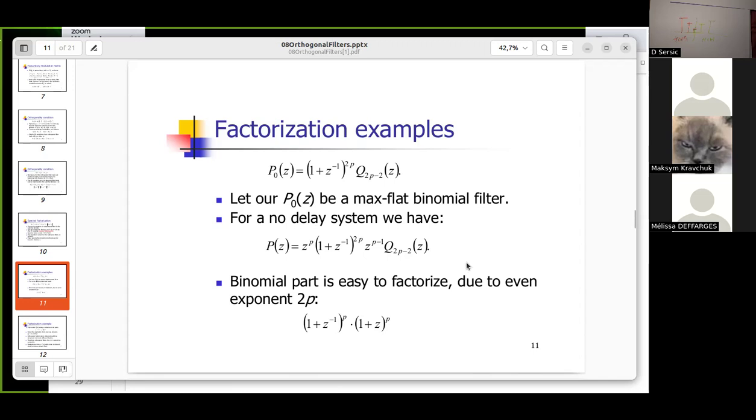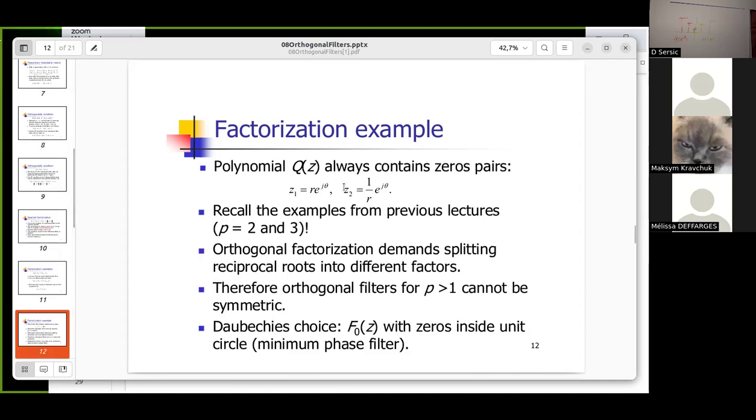What happens to the right-hand side? Our polynomial always contains reciprocal modulus roots because of the mentioned symmetries. Recall our examples.